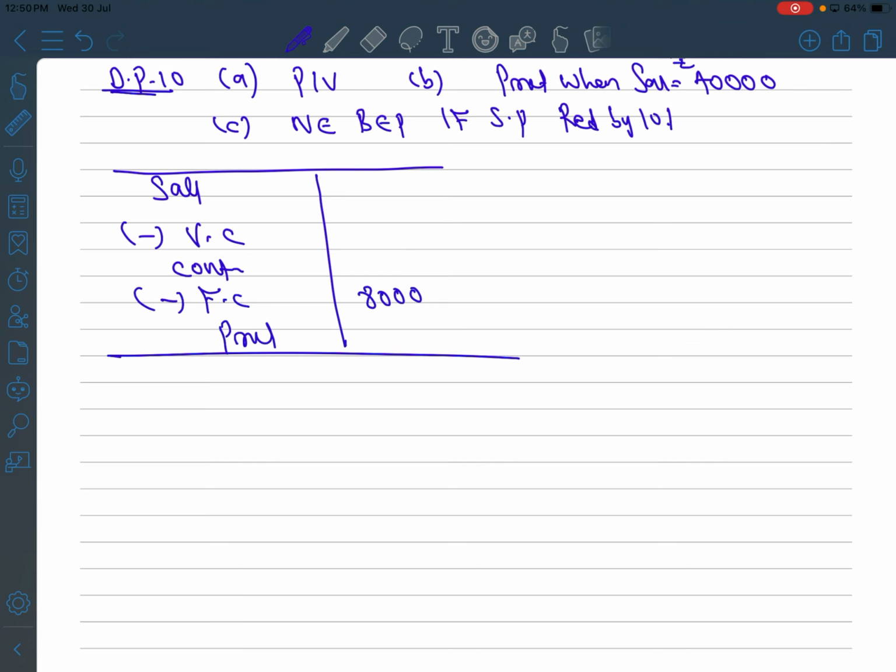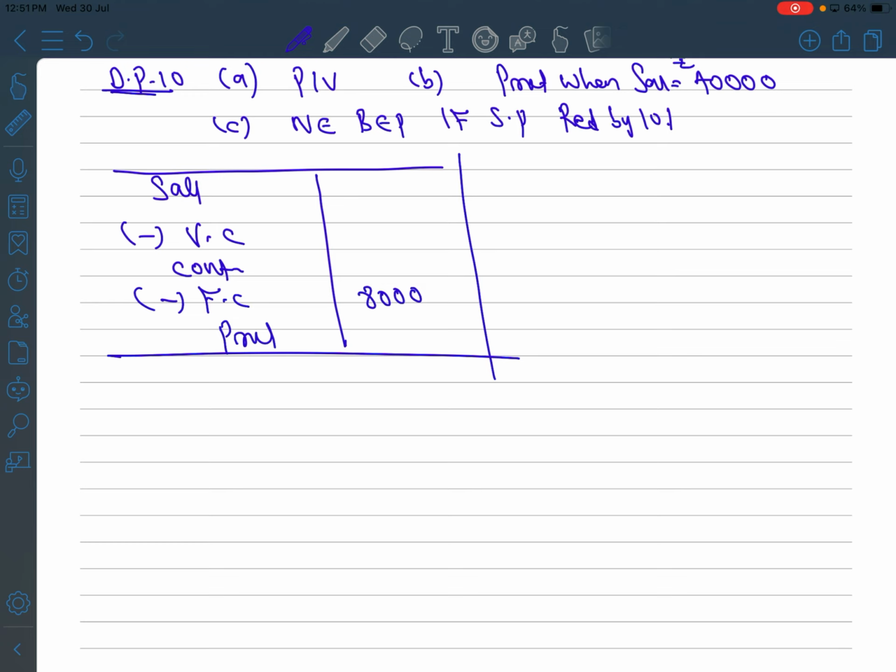Break-even point is given as 20,000. Variable cost per unit is given, but we don't know the number of units. If the number of units is given, we can easily calculate the things.